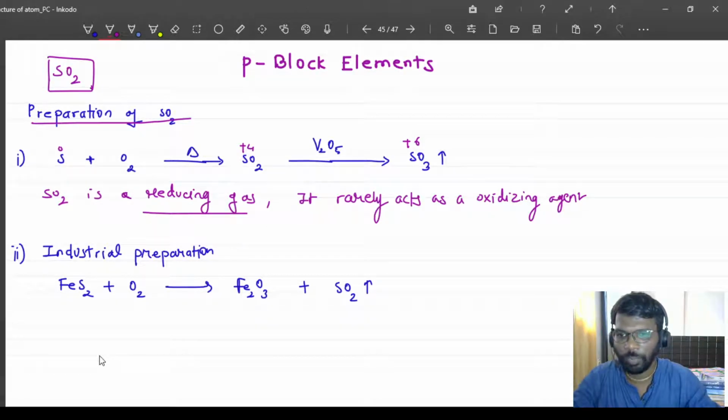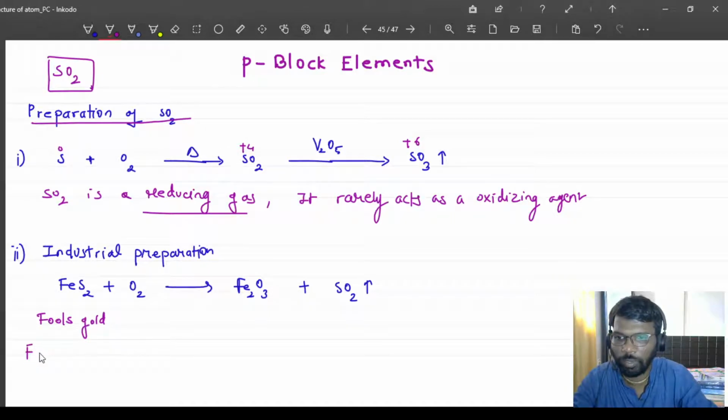Then industrial preparation of sulfur dioxide. For the industrial preparation, FeS2 is taken. This is also called fool's gold. Okay, it is ferrous sulfide, not ferrous sulfate.